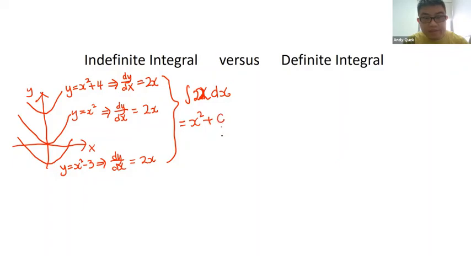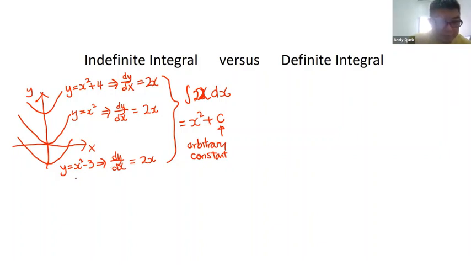So we have this arbitrary constant c. Every time you do an indefinite integral, you must include an arbitrary constant c. We can determine what this constant c is if certain pieces of information are given.